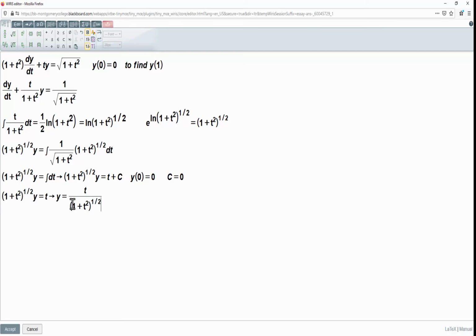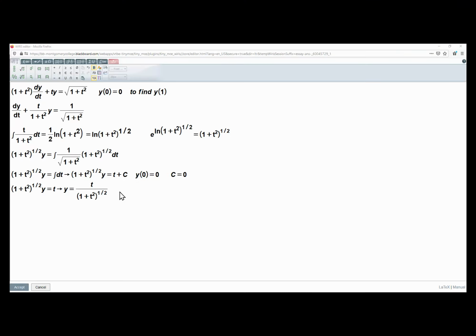Okay, so now we have to find y at 1. So we will go ahead and substitute t equals 1 in here. Okay, so here we go, we got 1 here, 1 here. So this would be 1 over square root of 2.